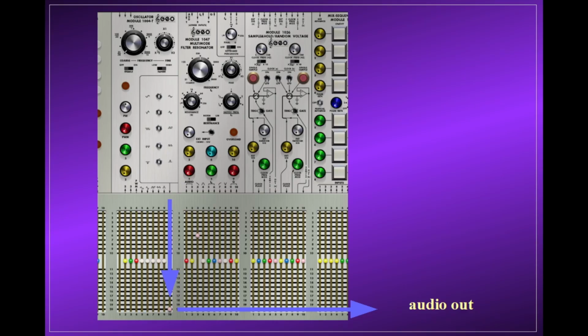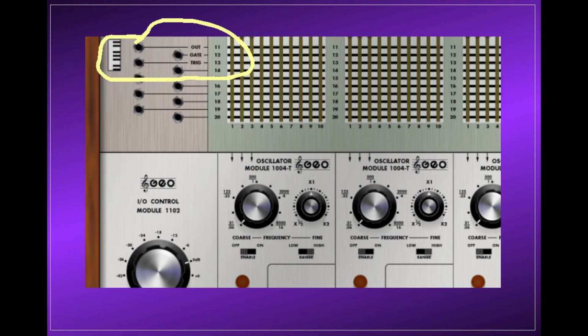The original ARP worked with matrix switches above and below the modules. The lowest of the 20 rows below the modules, row 20, is pre-patched to the main audio out of the machine. Rows 1, 11, 12 and 13 of the matrix above the modules are also reserved for certain functions.